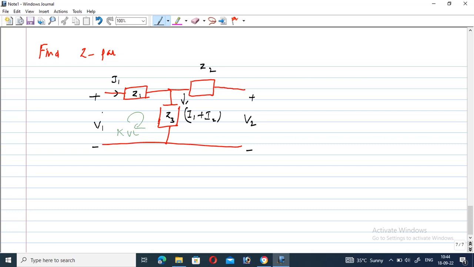So I will consider the negative to positive convention can be treated as a positive. Whatever you learn in the basics, some treat negative to plus, and it can be treated as a minus also, but I will consider it as a positive direction.